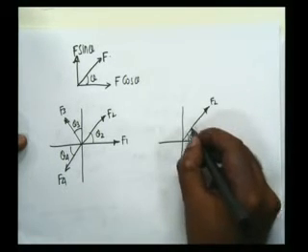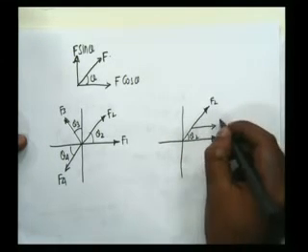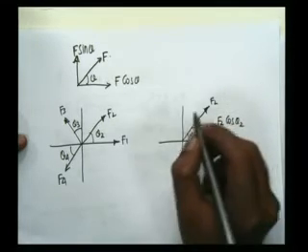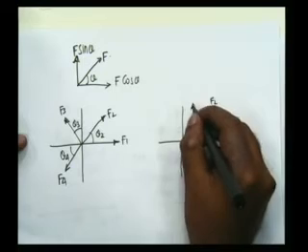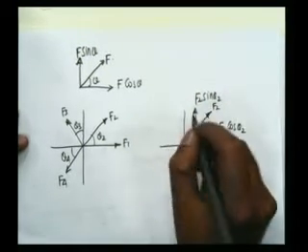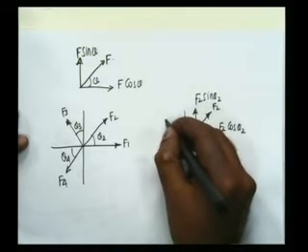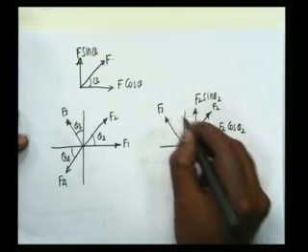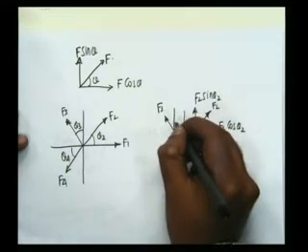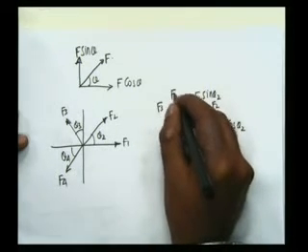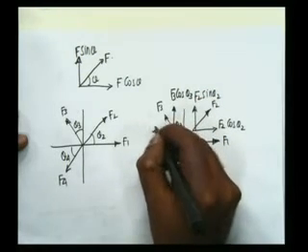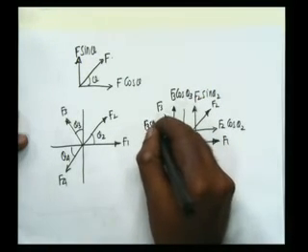So its x component would be F2 cos theta 2 and the vertical component will be F2 sin theta 2. Similarly, this force F3 is making an angle of theta 3 with vertical. So its vertical component will be F3 cos theta 3 and the horizontal component will be F3 sin theta 3.